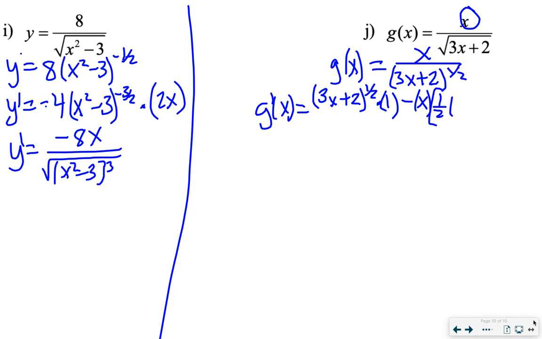Right, so I got to use my power rule. I get (3x plus 2) to the negative 1/2, and multiplied by the derivative of 3x plus 2, which is just 3. Bottom d top minus top d bottom, all over the bottom squared.